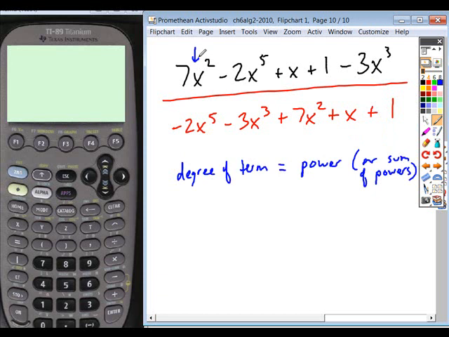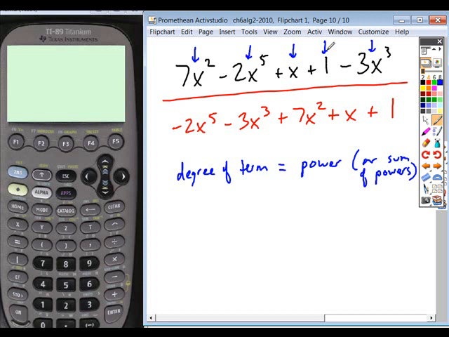It's a second degree term. What would be the degree of this term? The degree is 5. It's just its power. What would be the degree of this term? 1, or it's a first degree term. What about this one? 3. And then finally, what about this constant? 0. So a constant has a degree of 0.